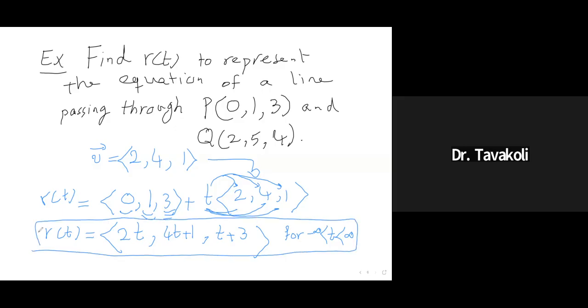If we are required to write our answer in terms of i, j, k, obviously this is going to be r of t equals 2t i plus (4t plus 1) j plus (t plus 3) k, and still for the same values of t, for t more than minus infinity and less than infinity.